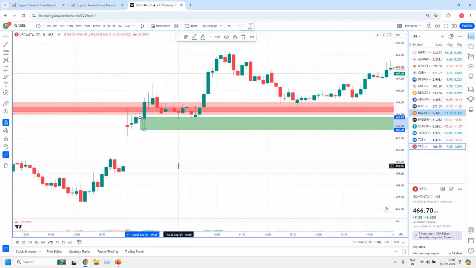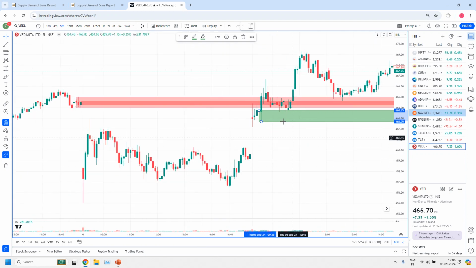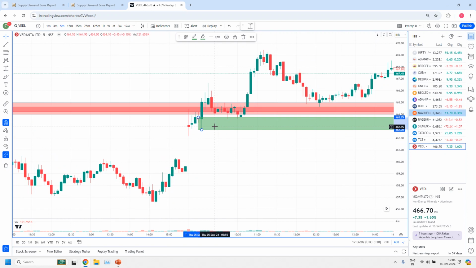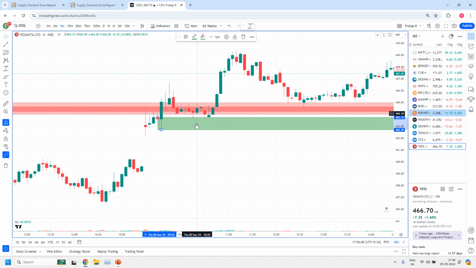Till then, the market was moving down, down, down, down, and the downtrend was continuing. And this zone is responsible for changing the trend. It already got the zone achievement, but it is also responsible for changing the trend. That is the reason why it got the importance.